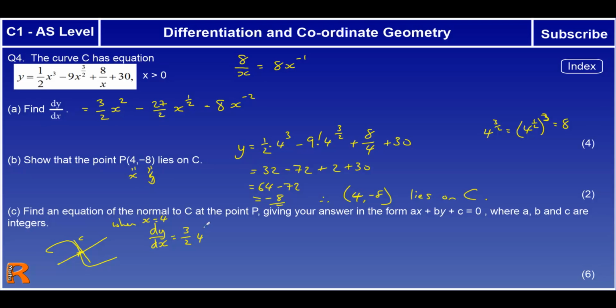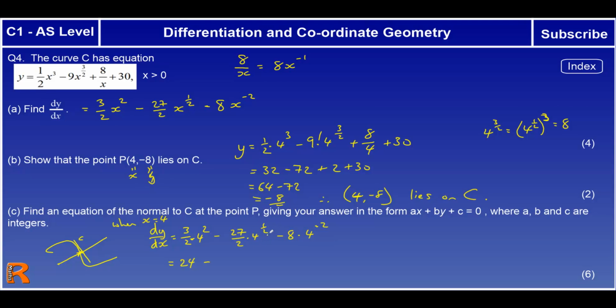So we've got 3 over 2 times 4 squared minus 27 over 2 times 4 to the half minus 8 lots of 4 to the minus 2. So 4 squared is 16. 16 times 3 over 2. Well, we divide by the 2 first to get 8. Times by the 3 gives us 24.